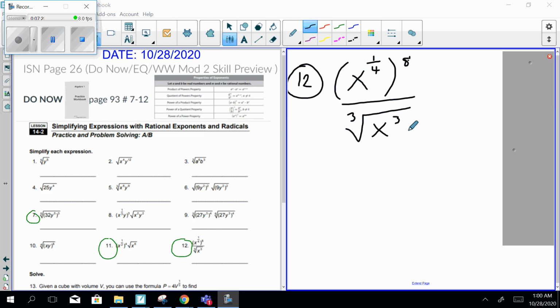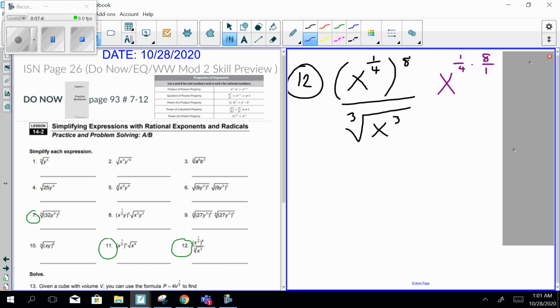So for the top part, this is the same rule that we just used. A power raised to a power. You're going to multiply your exponents. So in that step, that would be x to the 1/4 times 8. And I'm going to go ahead and put my 8 over 1.